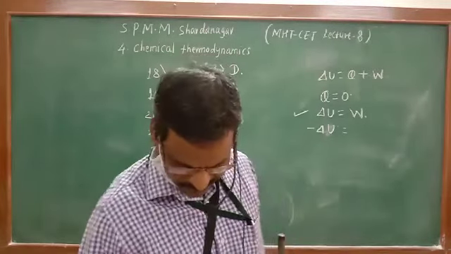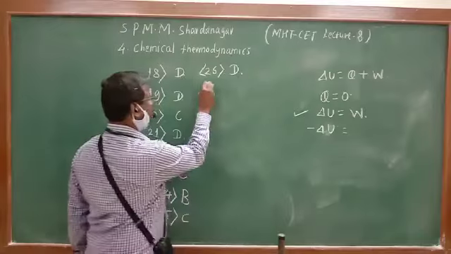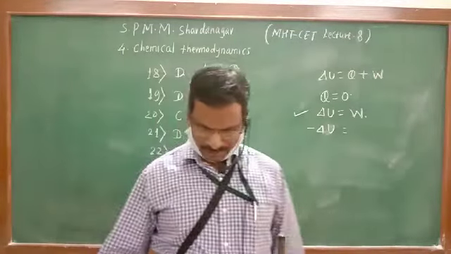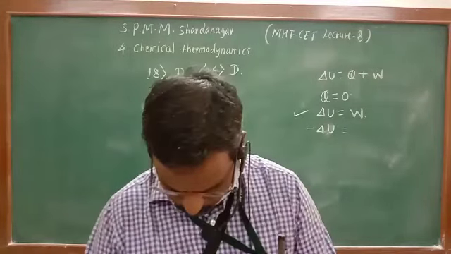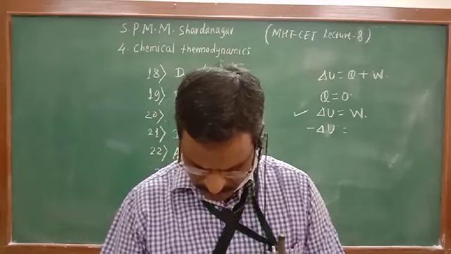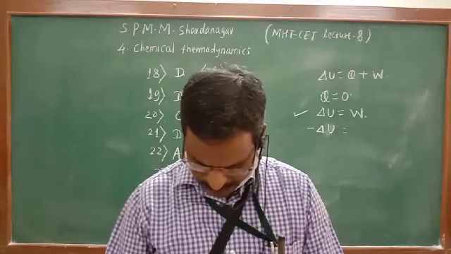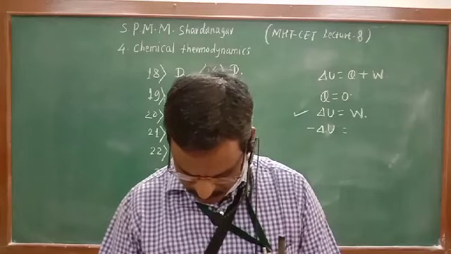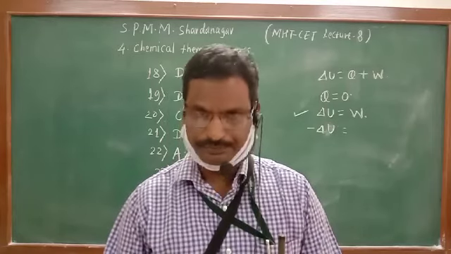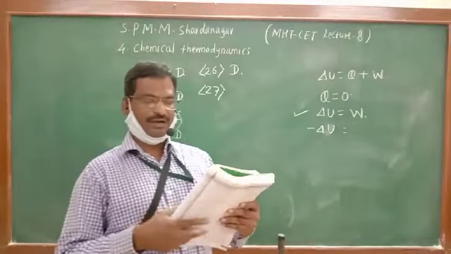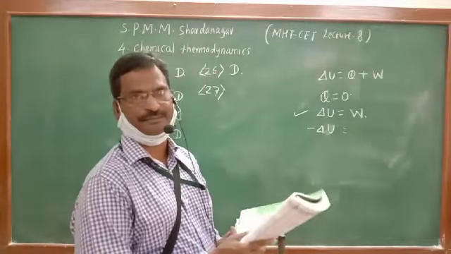Question number 27. In a closed insulated container, a liquid is stirred with a paddle to increase the temperature. In this process, which of the following is true? See, the apparatus is insulated.